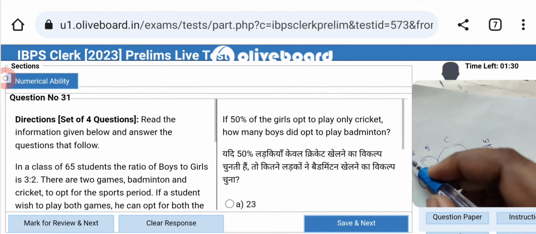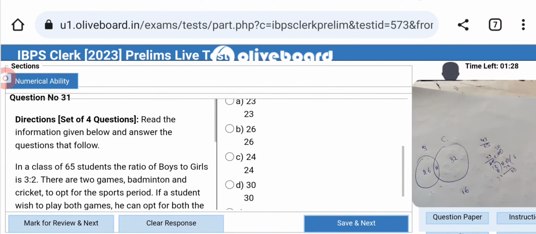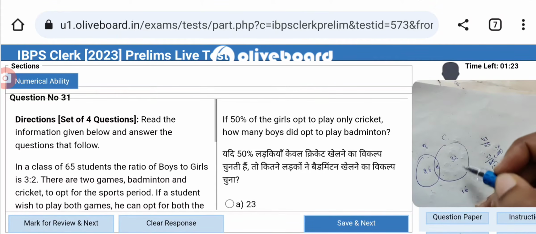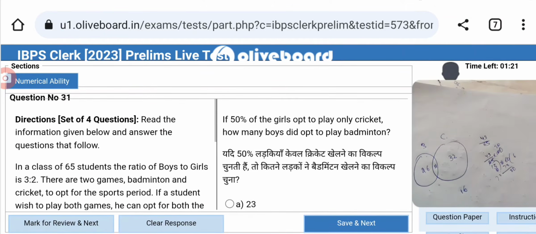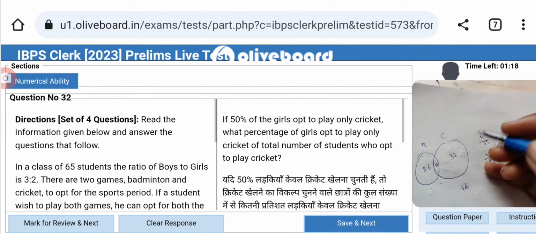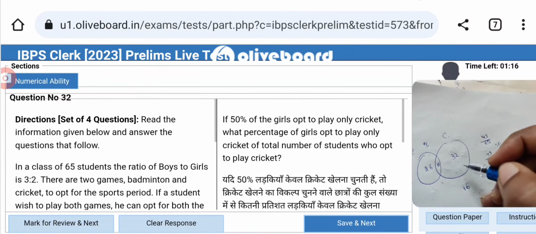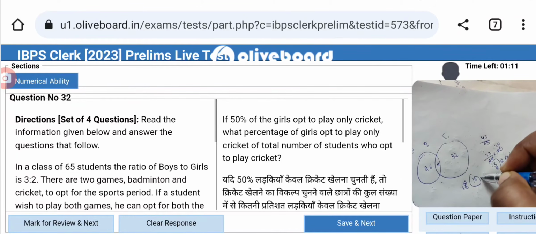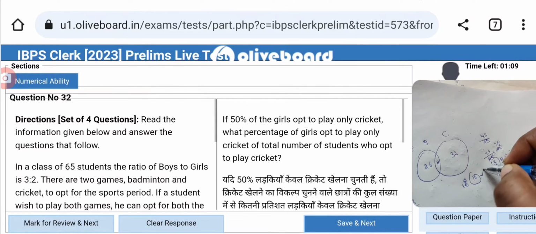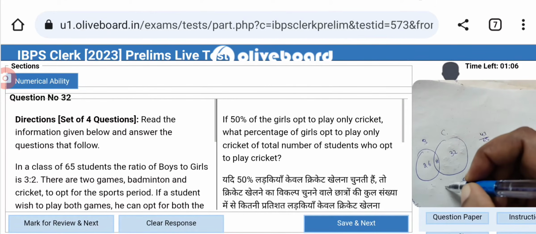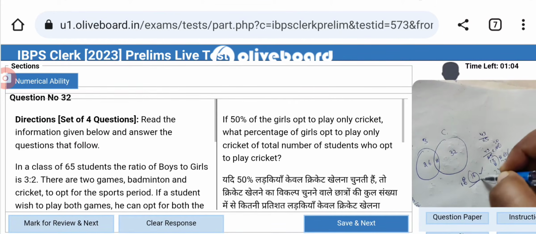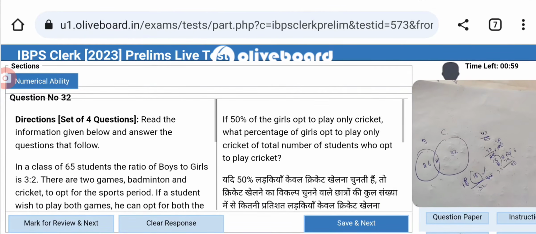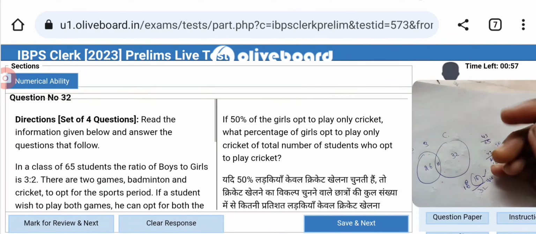Right. So 10 badminton. So 23. 50% of girls opt play only cricket, that is 16. Total number of students who opt play cricket. Only cricket 16.